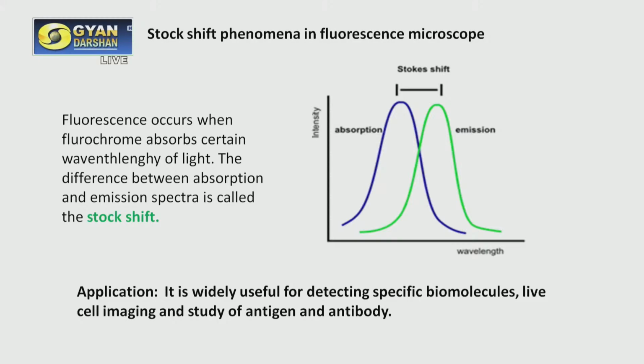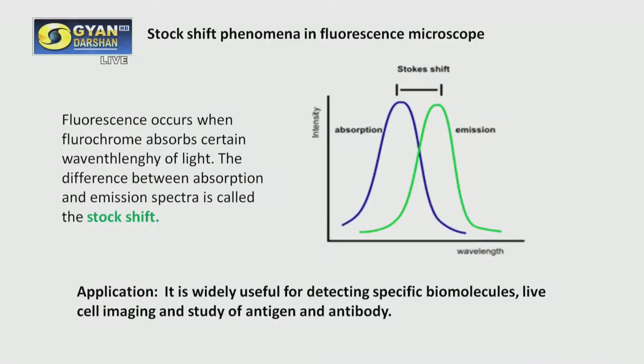When the fluorescent dye absorbs the specific wavelength of light, the electrons of the molecules of the fluorescent dye move to the excited state, and from this excited state they come back to the ground state. In between, photons are emitted from the moving of the electron from excited state to ground state.